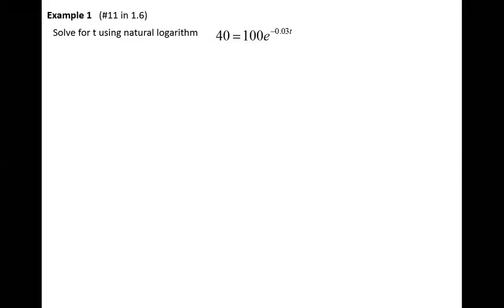That means, first of all, I will divide both sides by 100. Okay, and this one is 0.4. And that's the moment I can take the natural log of both sides.